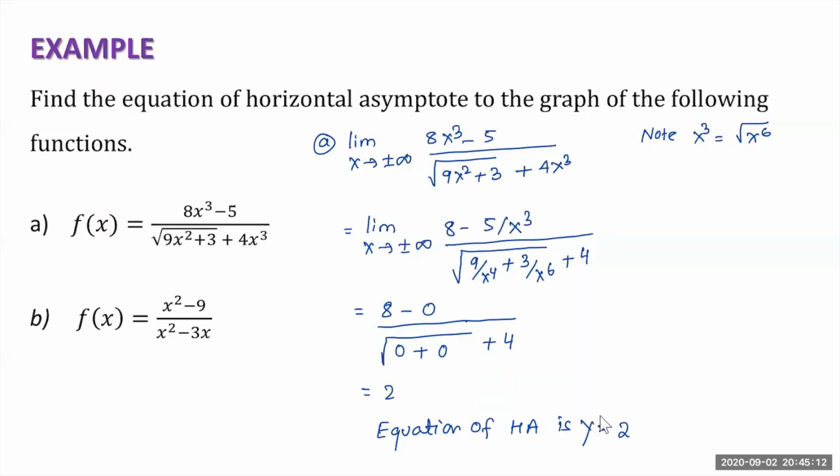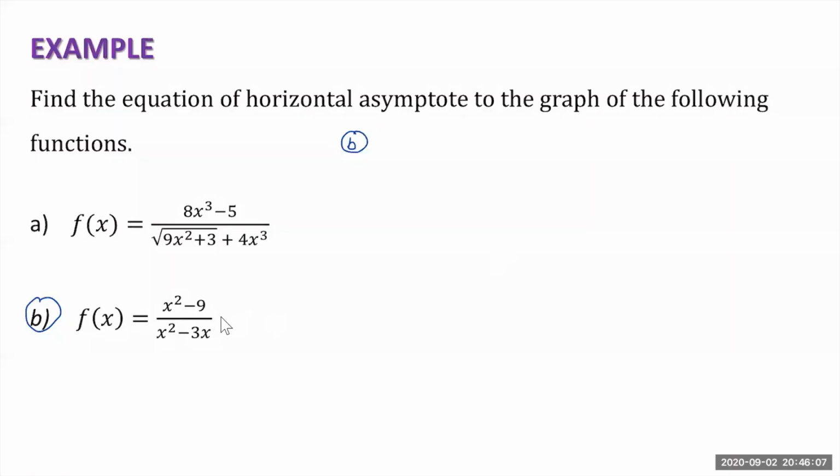Whenever we are asked to find the equation of horizontal asymptote, we have to find the limit as x approaches positive or negative infinity. Now let's work on part B. We have to find the equation of horizontal asymptote to the graph of this function. So we have the limit as x approaches positive or negative infinity of x squared minus 9 over x squared minus 3x.